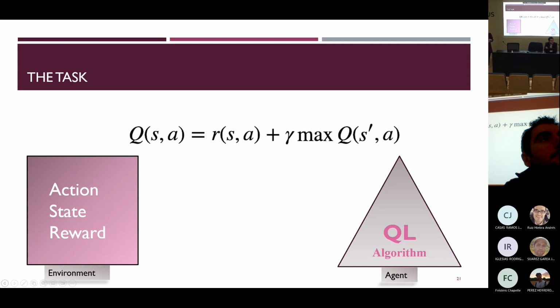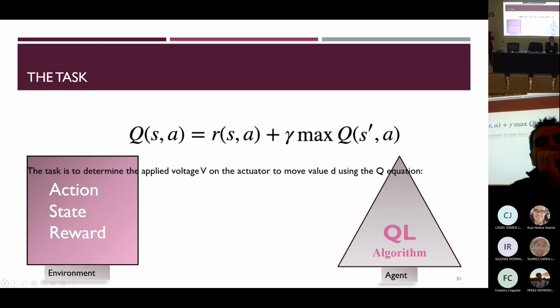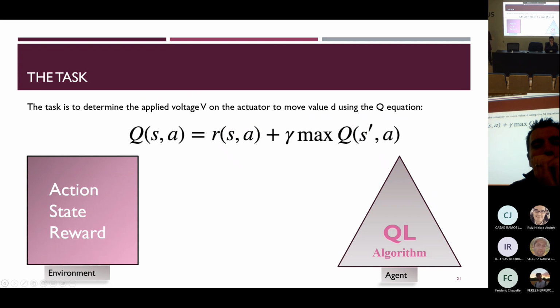We have talked a lot about materials. Let's talk in AI language. The RL here has a task: please give me the proper voltage to apply on this SMA system in order to move 1 centimeter. Just imagine a value. This is the task for the RL.